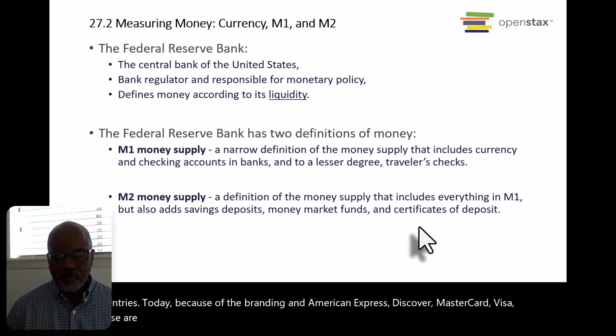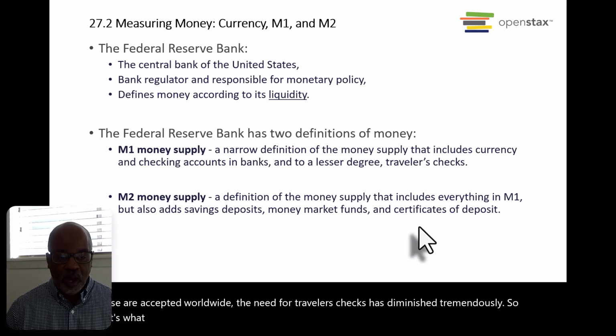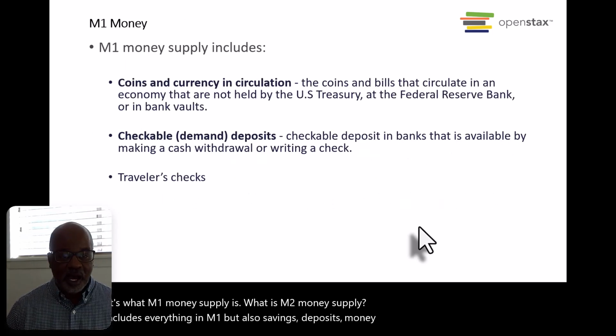The need for traveler's checks has diminished tremendously. So that's what M1 money supply is. What is M2 money supply? It includes everything in M1, but also savings deposits, money market funds, and time deposits or certificates of deposit.